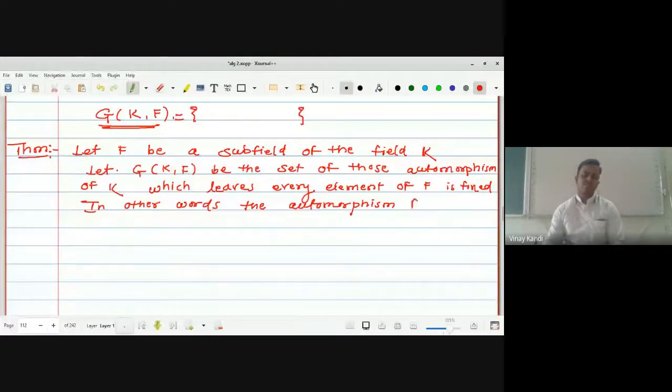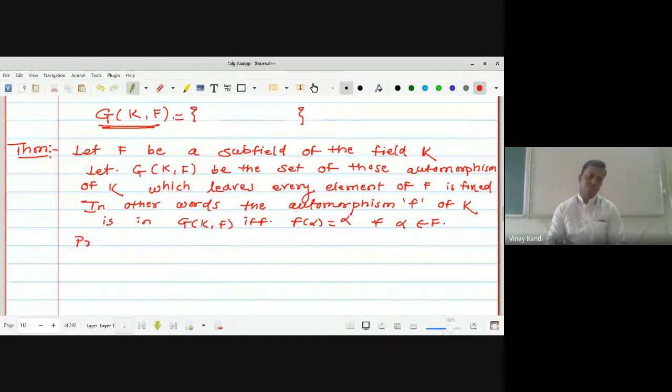The automorphism f of capital K is in GKF if and only if f of alpha is equal to alpha for all alpha belongs to F. Then prove that GKF.